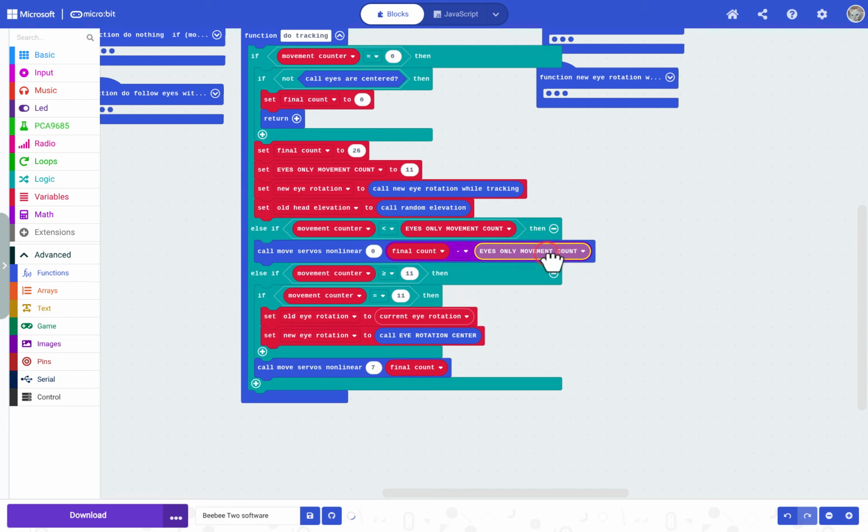So the final count in terms of this call to the servos is going to be from 0 to final count minus eyes only movement. And as you can see right now, boom, that was always wrong. All right.